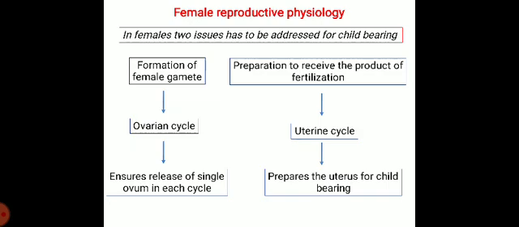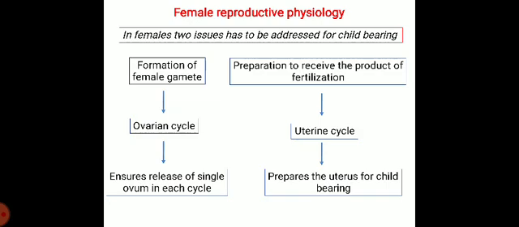When the ovum is released into the peritoneal cavity near the fallopian tube, it enters the fallopian tube through the fimbriated end, and there fertilization of the female ovum occurs in the presence of the sperm.